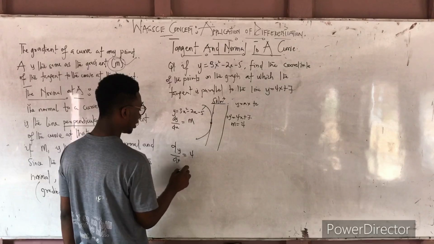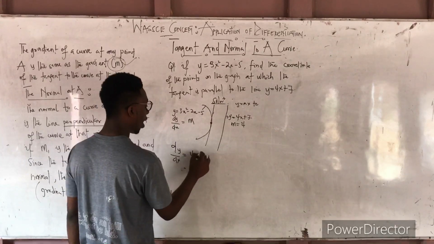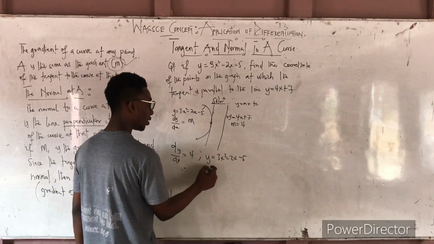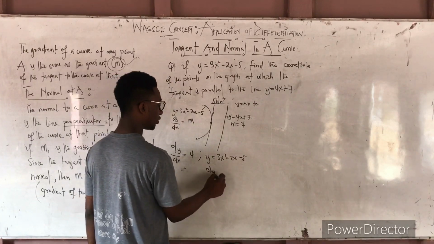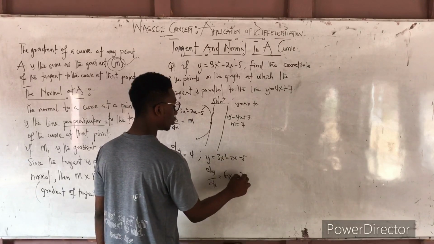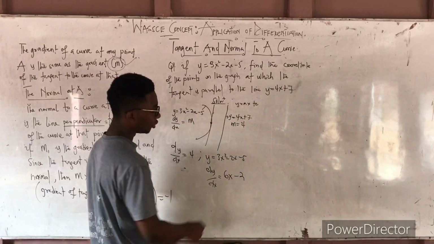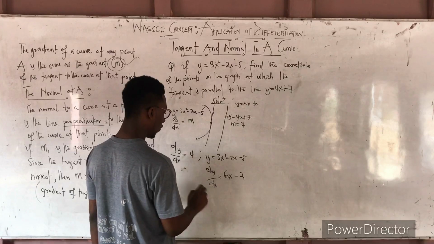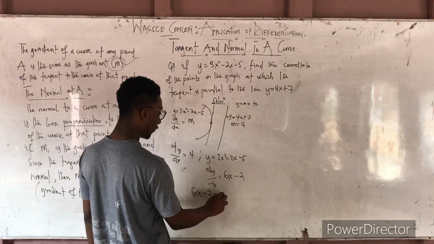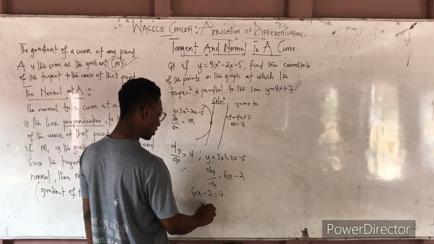What is dy/dx? If y is equal to 3x squared minus 2x minus 5, then dy/dx is simply equal to 6x minus 2. So therefore, 6x minus 2 should be equal to 4. And when you do this, you get x equals 1.